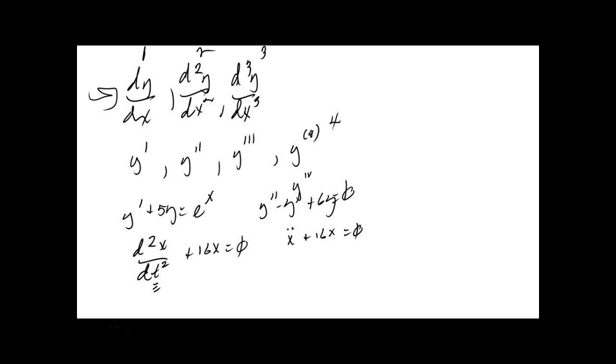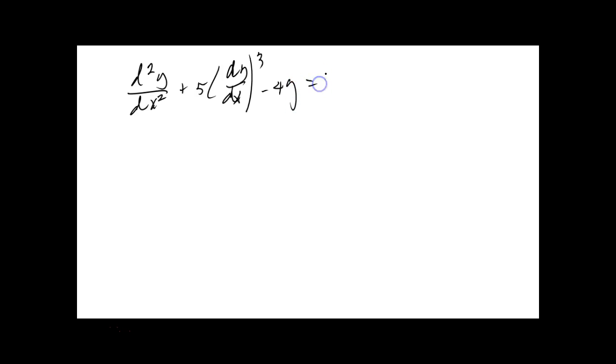Now, just to throw a little fly into the ointment here, I'm going to write one down and see if it confuses you. d²y over dx squared plus 5 times dy/dx, that's a d there, to the third power minus 4y is equal to e to the x. That's not a 4, that's an x.